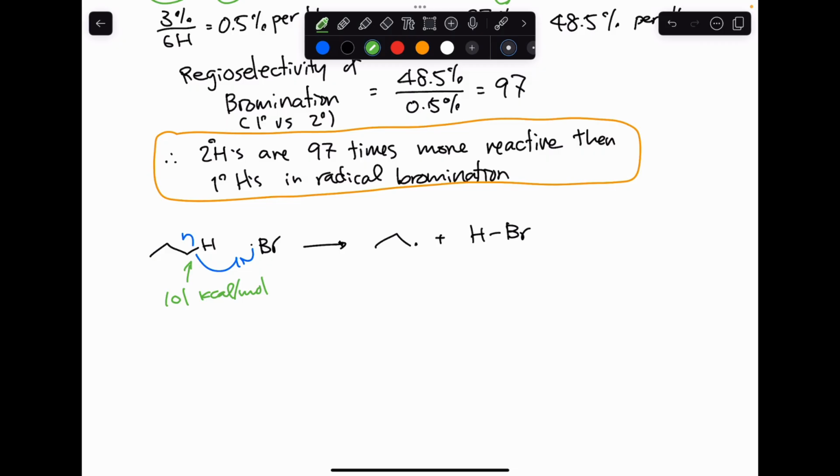The only new thing is the HBr bond dissociation energy. This is only worth about 87 kilocal per mole. What does that mean? The delta H is going to be that difference, which is plus 14 kilocal per mole. Now this time it's fairly endothermic.